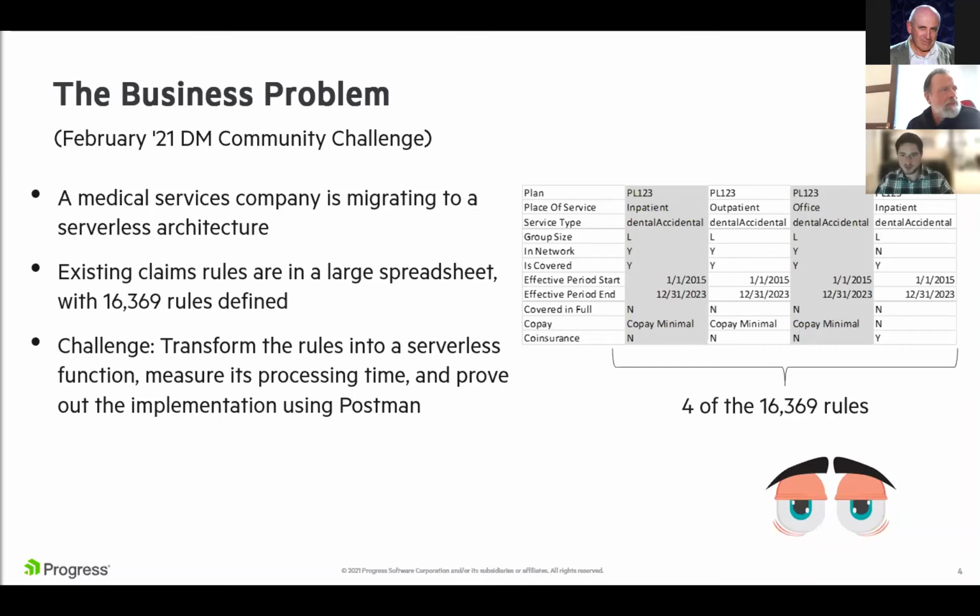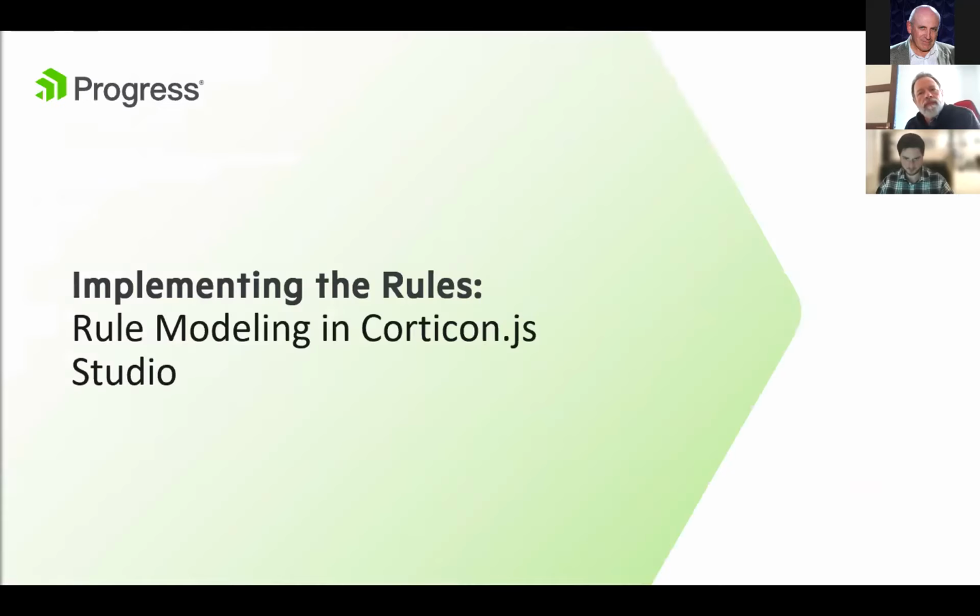Specifically, just to talk about the inputs and outputs, I'll present that in a moment, but suffice to say, we have about 16,000 rows here, and we want to make it easier to maintain for the business user, the person who actually has the underlying knowledge to maintain the rules, as opposed to struggling within that giant Excel table.